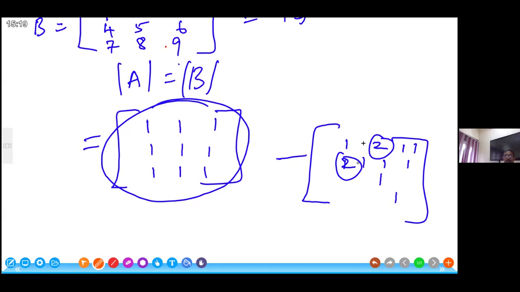Maybe a matrix with 2 values, a matrix with 3 values, a matrix with 4 values, and so on, right? So they have some special characters. Here two numbers are appearing, and here only 1 number is appearing.